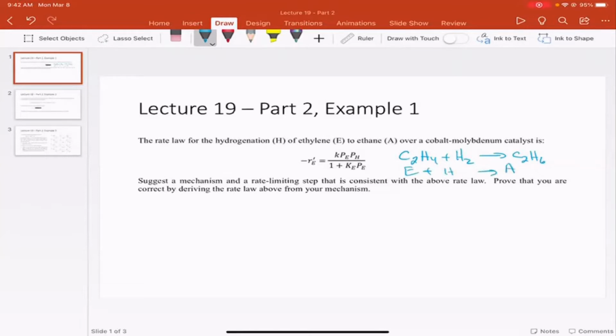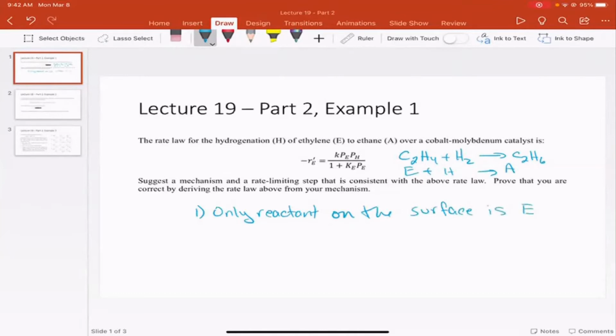And if we're going to look at the rate law, what are we going to be able to figure out? Well, the first thing that I know just from looking at the rate law is the only reactant on the surface is E, right? The only thing that gets adsorbed is ethylene. And why do I know that?